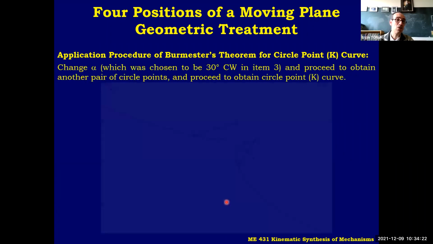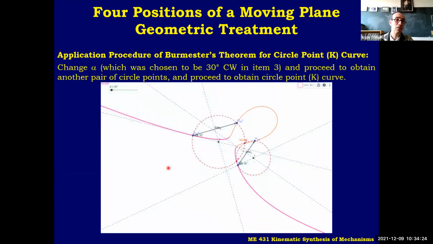We can change alpha by a slider in GeoGebra, or by any means using any CAD package. And we can proceed obtaining many pairs of circles, and we can obtain the circle point curve.